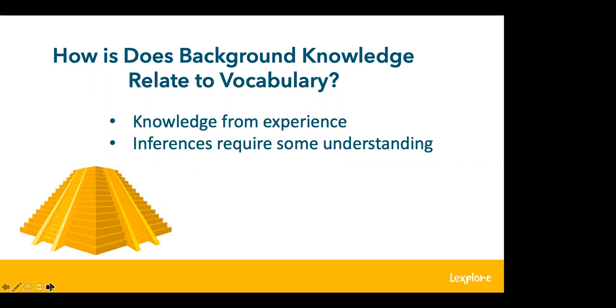Larger vocabularies make it easier to understand text, and understanding the text makes it easier for readers to derive meaning from those unknown words. If the reader has limited experience with the topic of the text, analyzing the context will be very difficult.